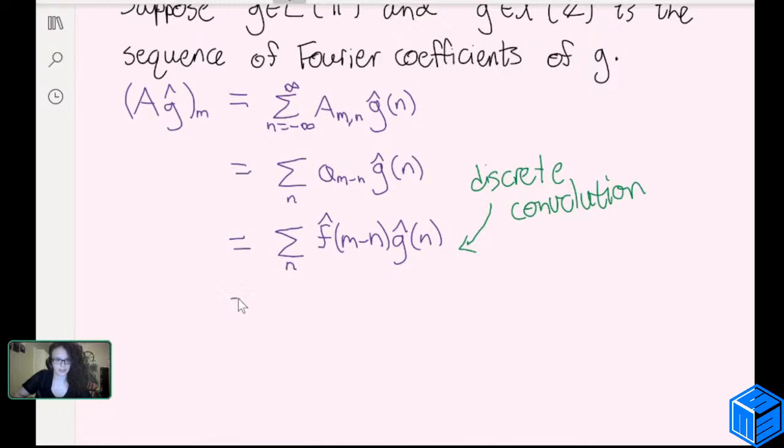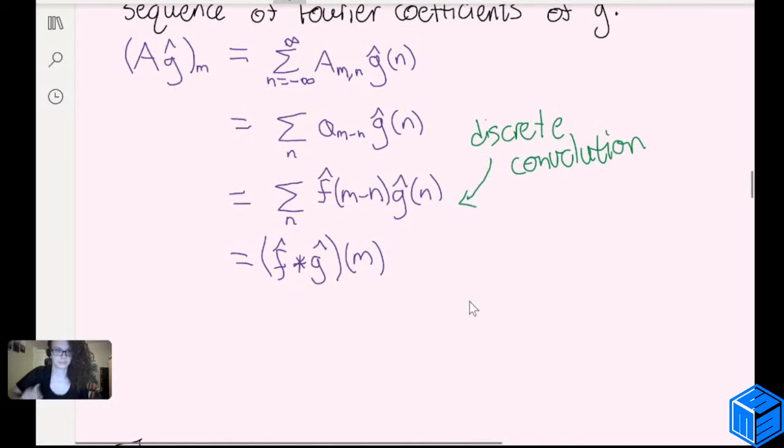We write our convolution like this: f hat star g hat of m. So this is our discrete convolution. And we have a little theorem for our Fourier coefficients. We can actually write this convolution like this.